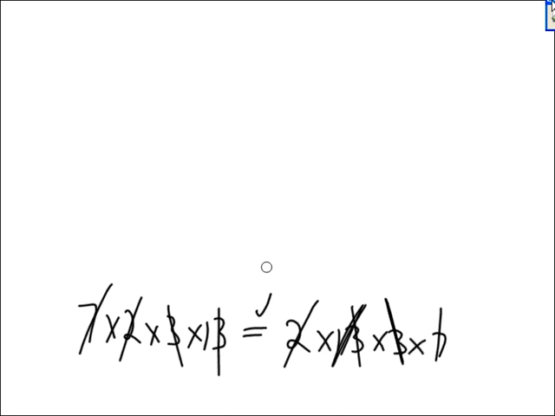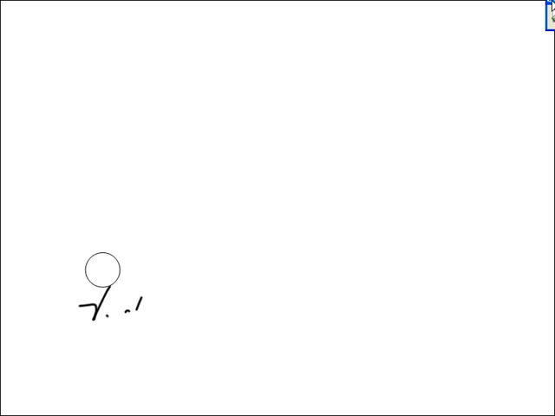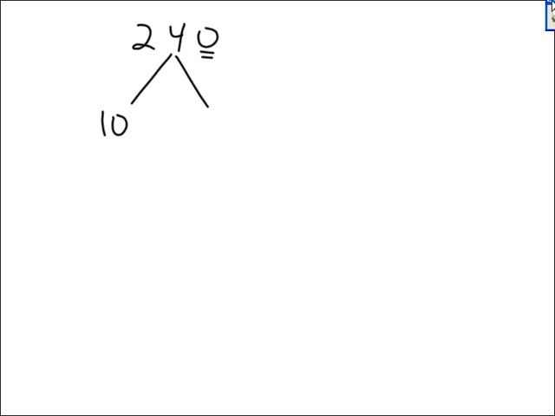Okay. So, what if you have 240? What's the prime factorization of 240? Well, whenever I see a number that ends in 0, I jump on 10. 10 times 24. 10 is 2 times 5.